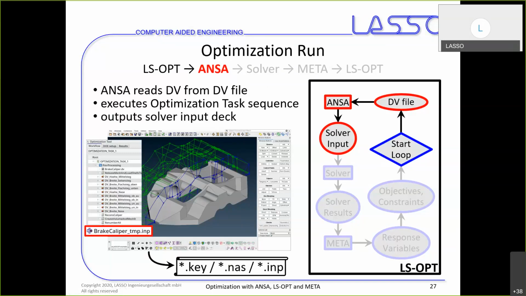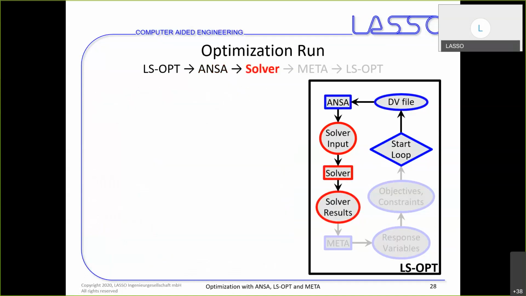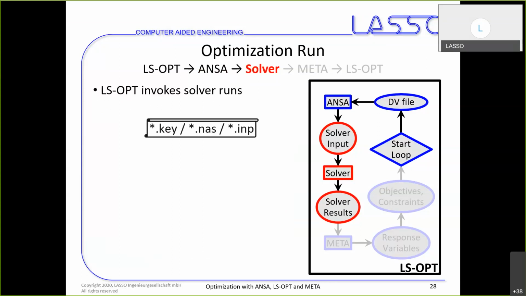And if this is done, Unser closes. Actually, Unser will run in batch mode. You will not have an Unser window pop up open. It will completely run in the background in batch mode. So if Unser terminates normally, LSOpt is notified and LSOpt will run the solver afterwards.